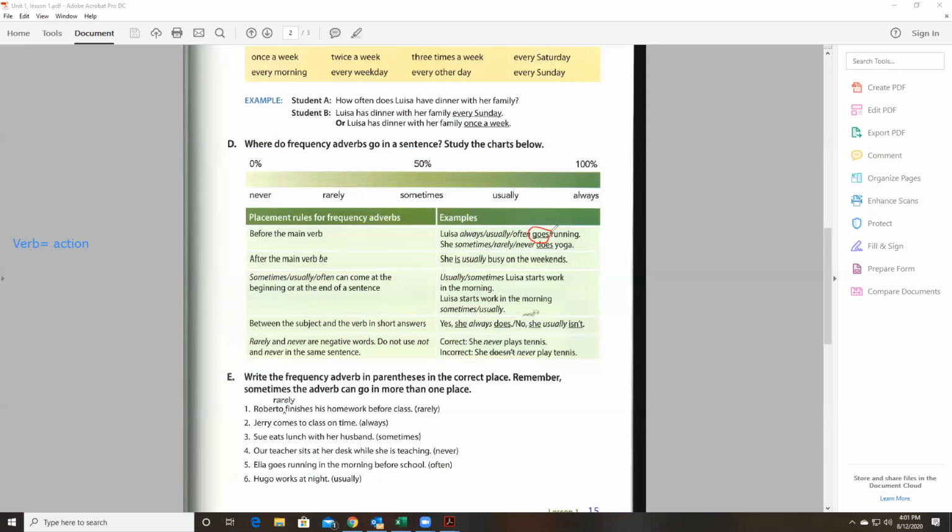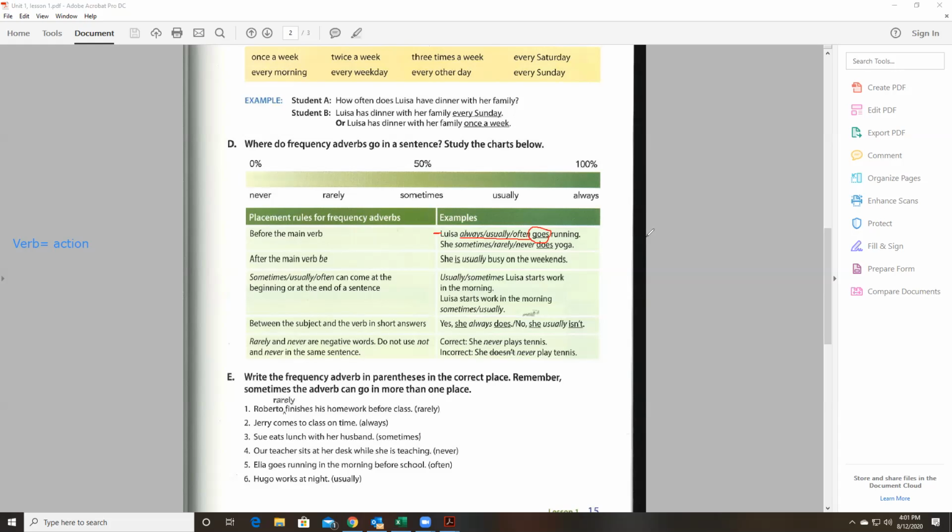Okay, so our main verb is goes. So this is one sentence, right? Luisa goes running. So this is our frequency adverb. If you have the verb, right before the main verb, you're going to put your frequency adverb. So for example, Luisa always goes running. Okay, which is not true.